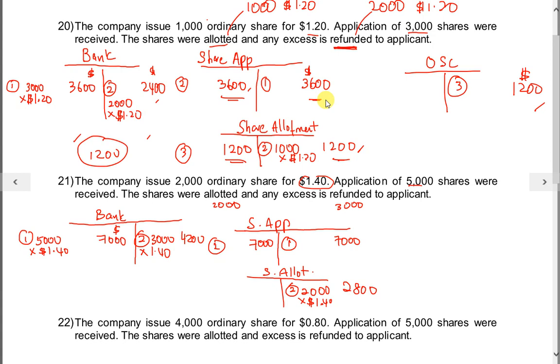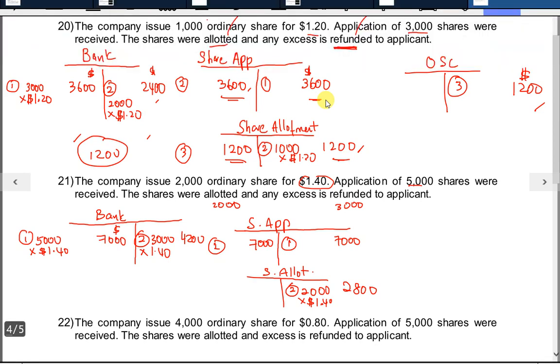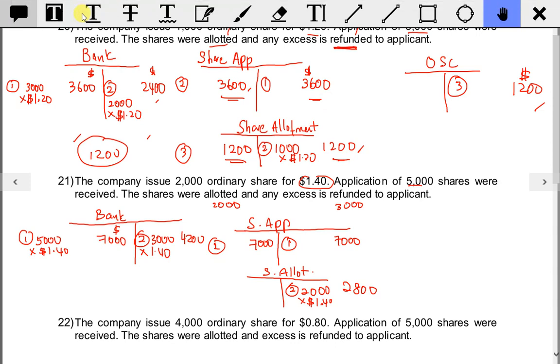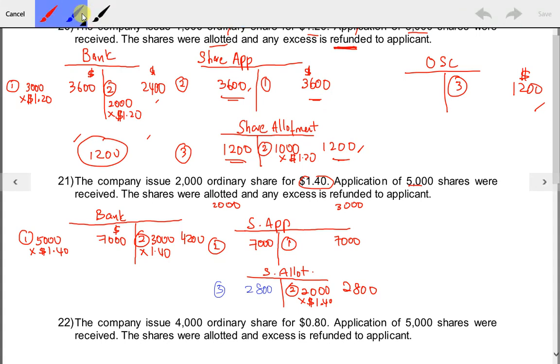Then number 3, debit share allotment 2,800, credit ordinary share capital, they will be issued to the shareholders. Done.